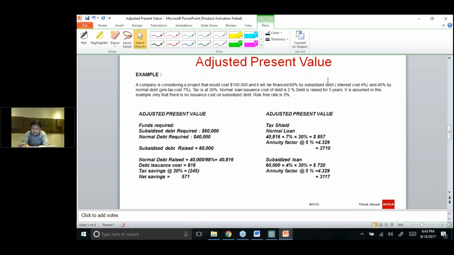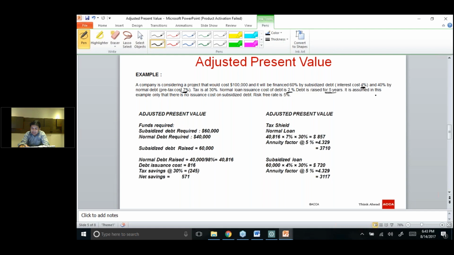So subsidized debt has a cost of 4% and normal debt has a cost of 7%. Tax is 30%. Normal loan issuance cost of debt is 2%. Debt is raised for 5 years.